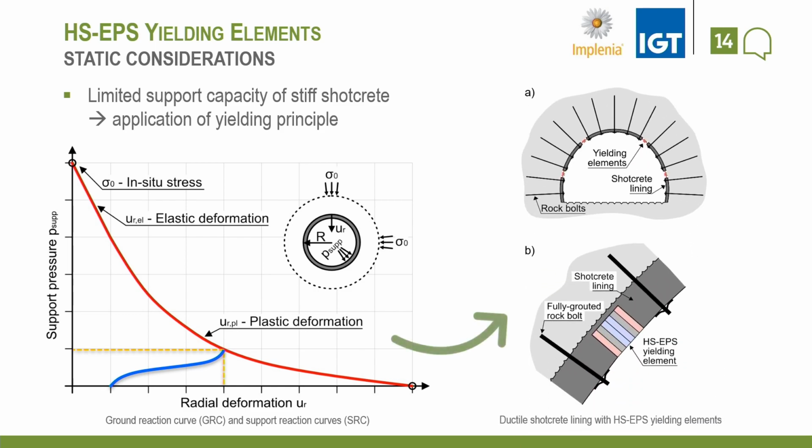One example of such a system is a ductile shotcrete lining with yielding elements. You can see here an example of a top heading advance with 4 rows of yielding elements, and in detail B how this looks like in detail, how these yielding elements are installed and integrated into the shotcrete lining.